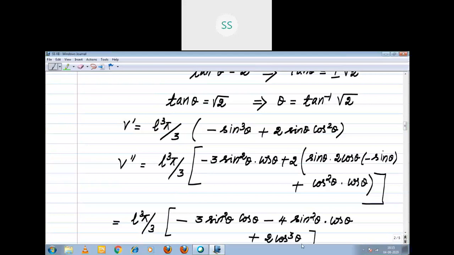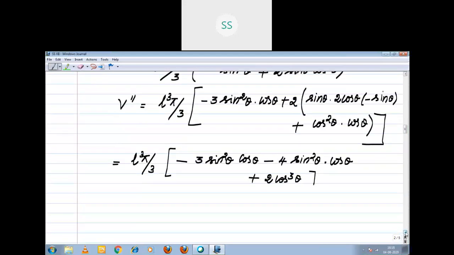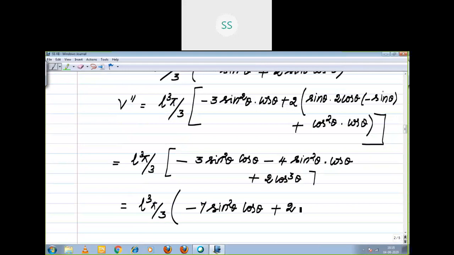So we arrive at 2 cos cube theta minus 7 sin square theta cos theta, which is equal to L cube pi by 3 bracket minus 7 sin square theta into cos theta plus 2 cos cube theta.